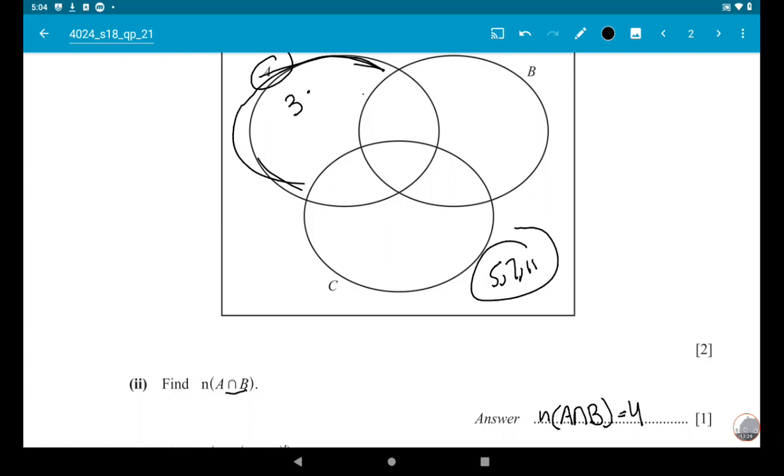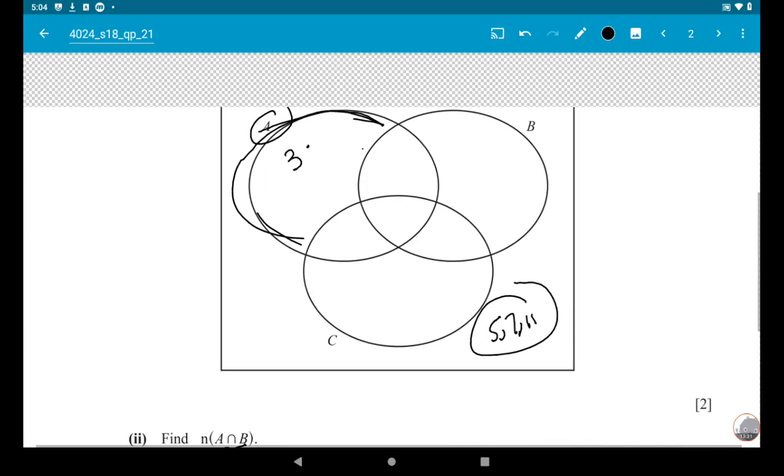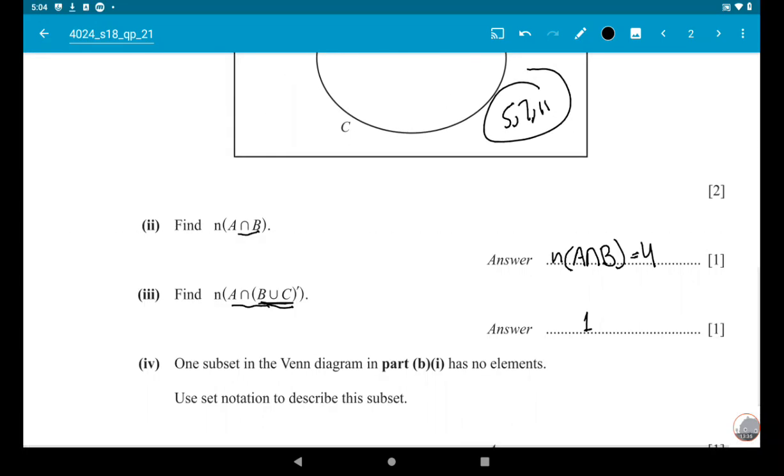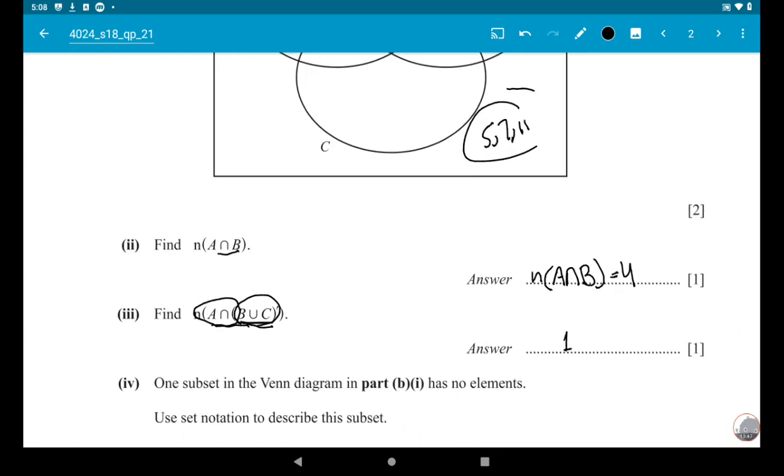So we change the diagram. According to the statement, B union C is not included and only A is there, how many numbers? So guys, this one is B union C complement.